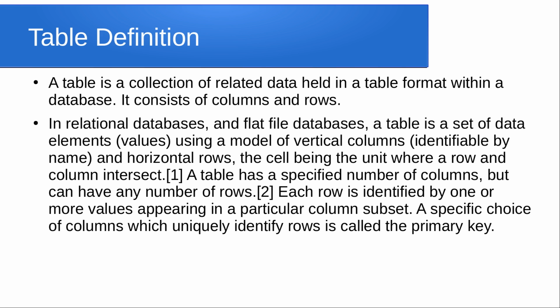A table has a specified number of columns but can have any number of rows. Each row is identified by one or more values appearing in a particular column subset. A specific choice of columns which uniquely identifies rows is called the primary key. That's the main point I want to highlight.